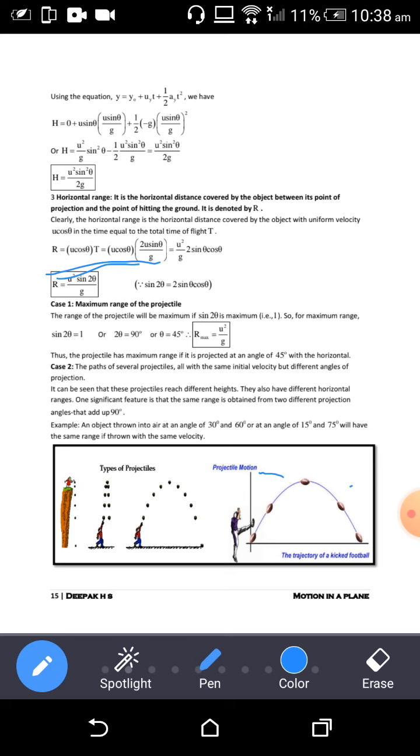Simplifying that, you get u square divided by g into 2 sine theta cos theta. In trigonometry, 2 sine theta cos theta can be written as sine 2 theta. Replacing that, the expression for R is capital R equal to u square sine 2 theta divided by g. So this is the equation for horizontal range.